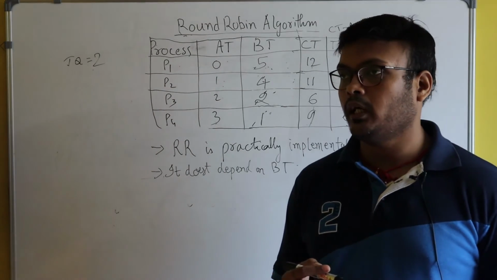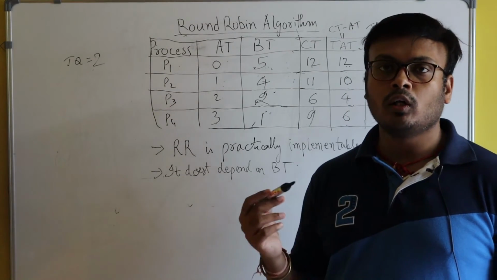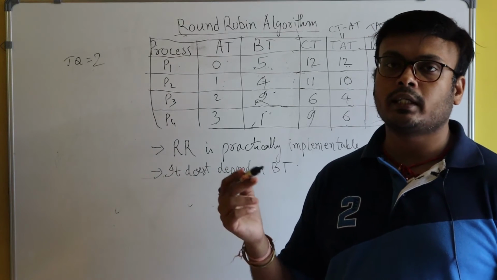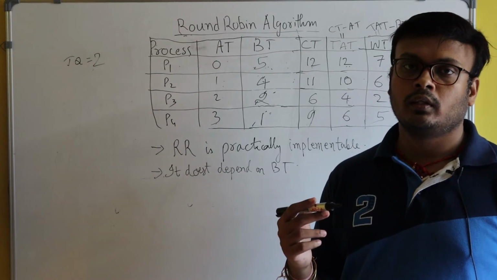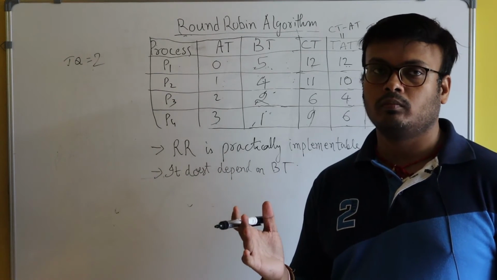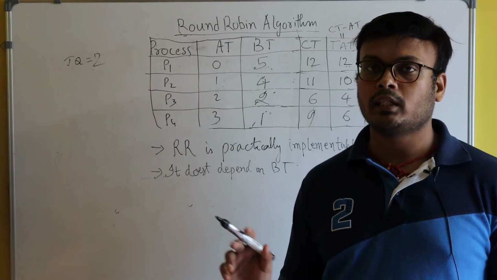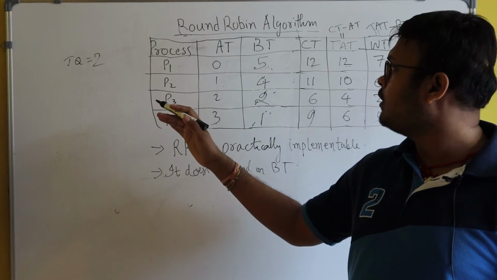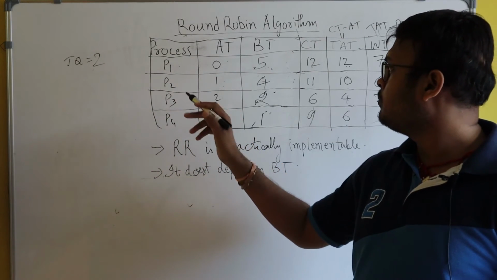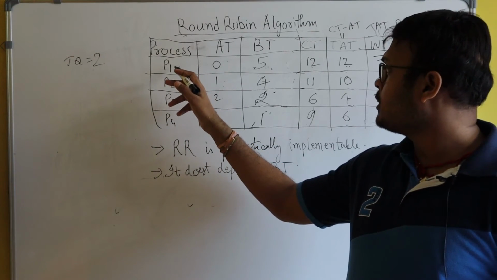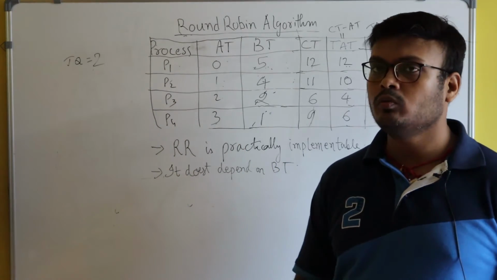Because in the FCFS algorithm, the CPU is assigned to all the processes as per their arrival time, and here also the same thing is happening. As per the arrival time, the processes are being assigned the CPU.